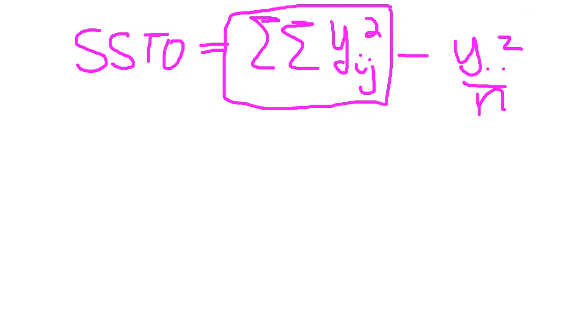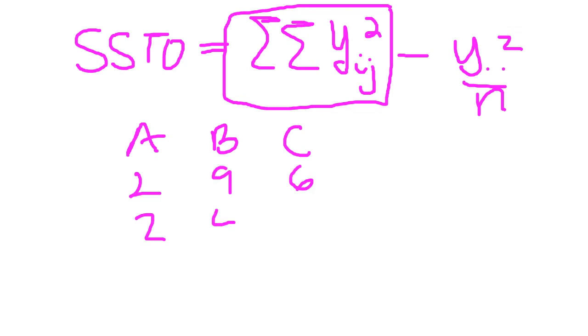It's fine. Can I please do it with the balanced one? I want to check something, my sister. Suppose we have A, B, C. That one is too big, my sister. 9, 6, 2, 4, 3, 7, 2.